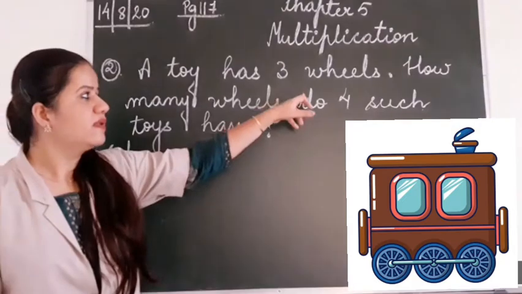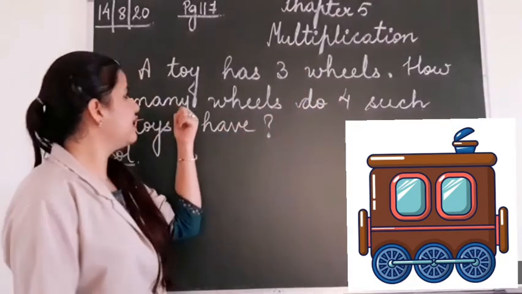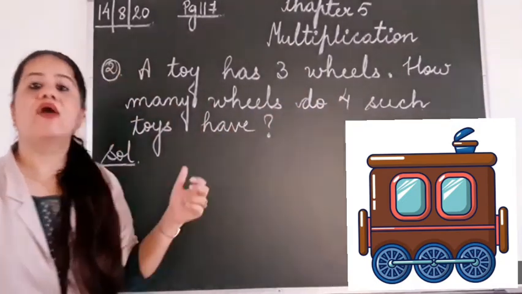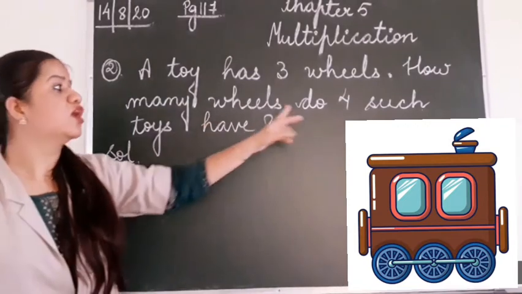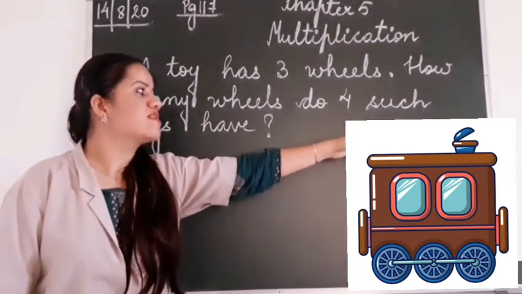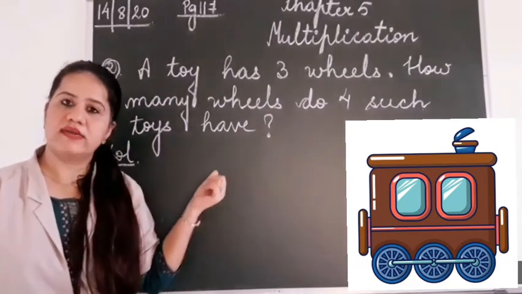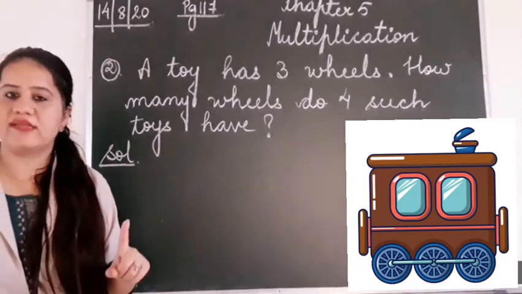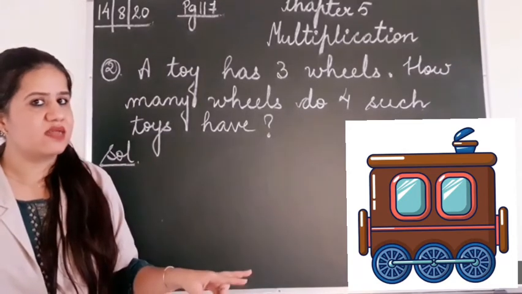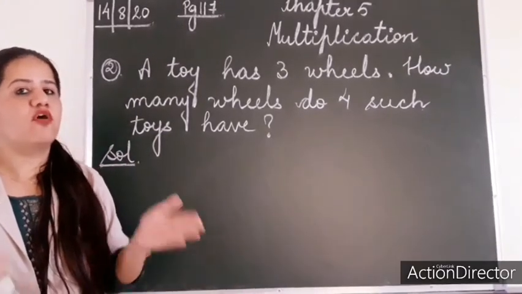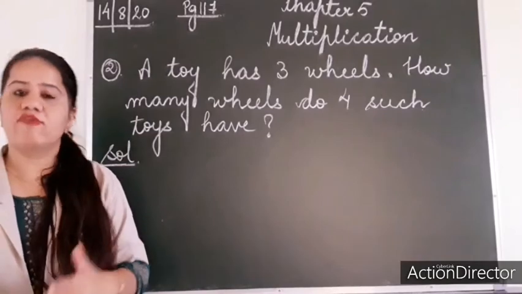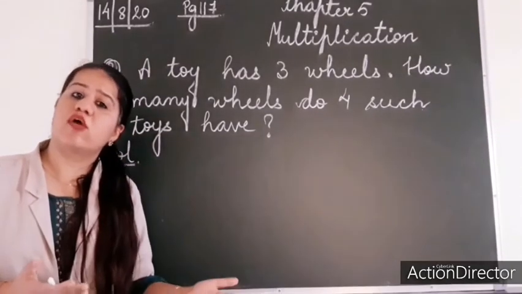Then how many wheels do 4 such toys have? Got it? One toy has 3 wheels. Now we have to find out for 4 toys.